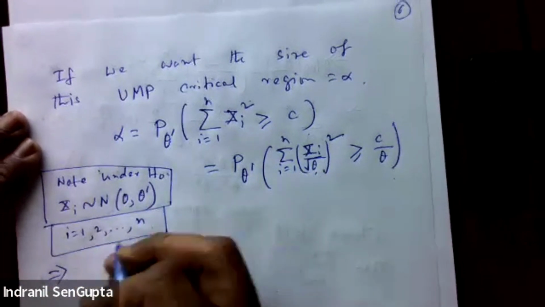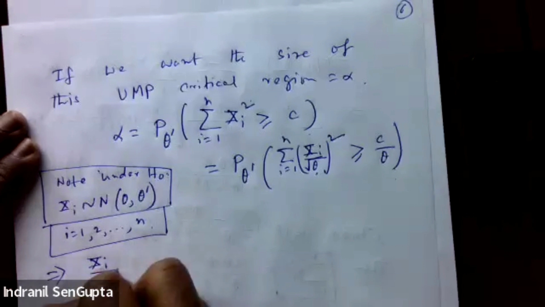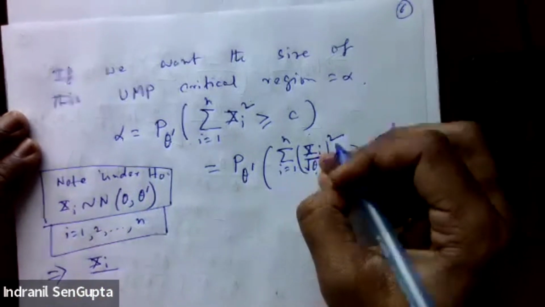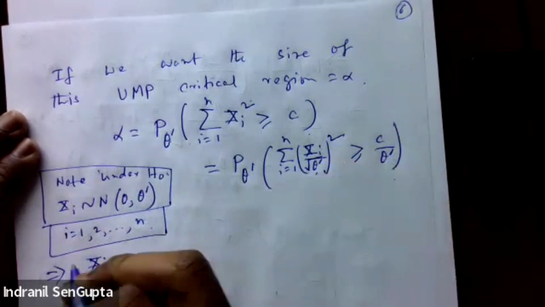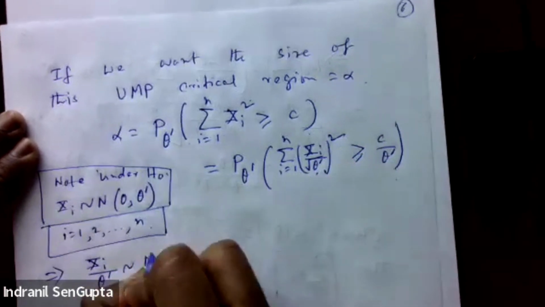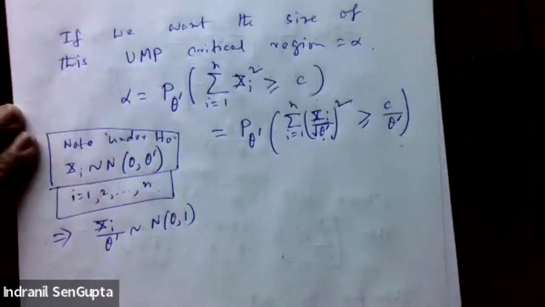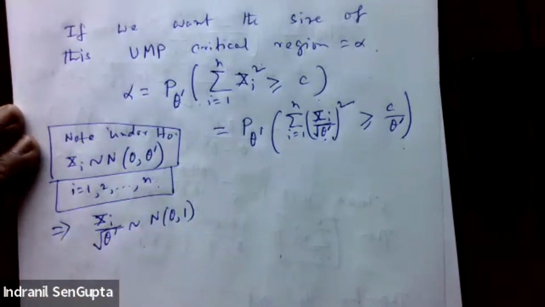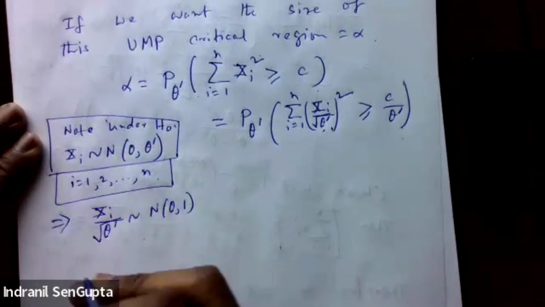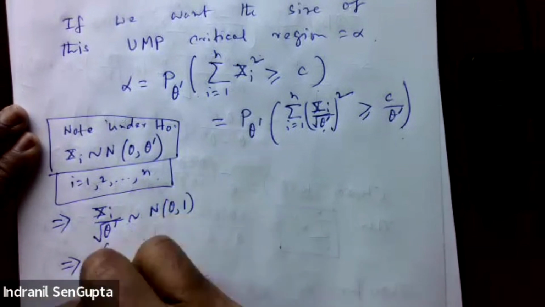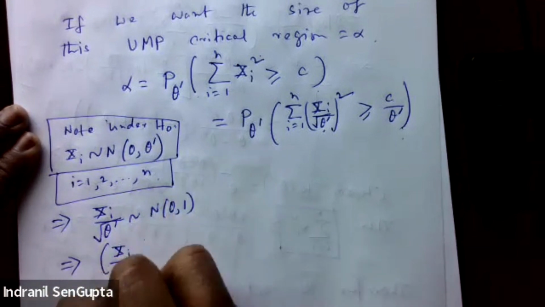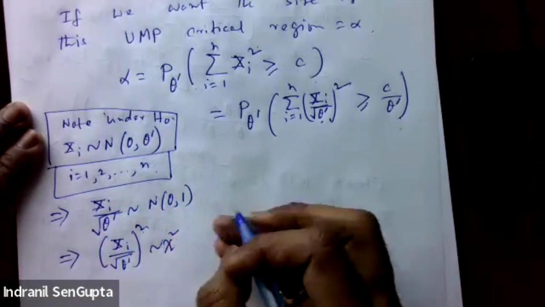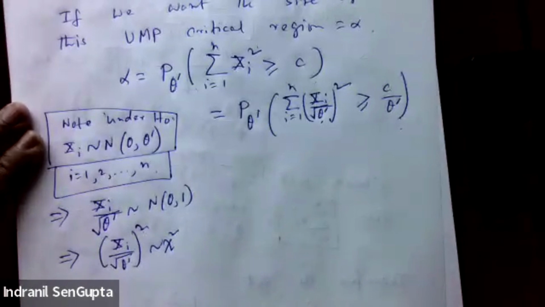Now we know that xi over square root of theta prime, let's use prime because that is the variance, follows normal with mean 0 and variance 1. So it's a standard normal. So the square of this one follows a chi-square distribution with 1 degree of freedom.